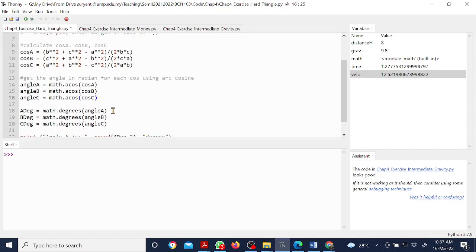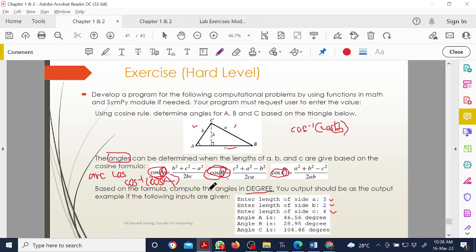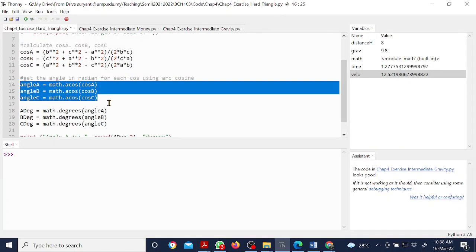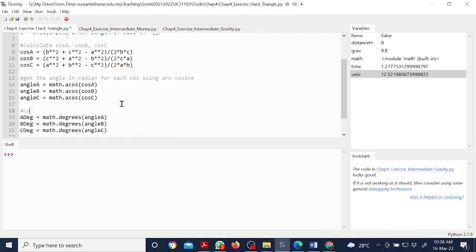Okay. After that, we know that in our coding, they ask us to compute the angle in degree. So that means the angle must be in degree, so we need to convert our angle here into degree. So we have here convert angle in radian to angle in degree. So I will have another variable named as I put here A deg, B deg, C deg, equal to, I will use the function in math, which is, we know that there is a function in math to convert radian to degree by using degrees.